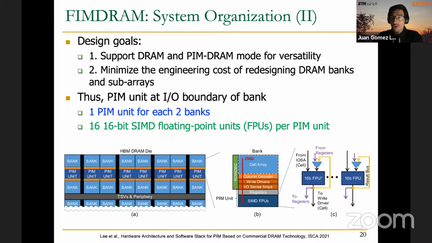Remember that pipeline of 14 stages. While here, besides being pipelined, as we will see, each of these SIMD FPUs is exploiting the spatial parallelism that machine learning workloads may have.